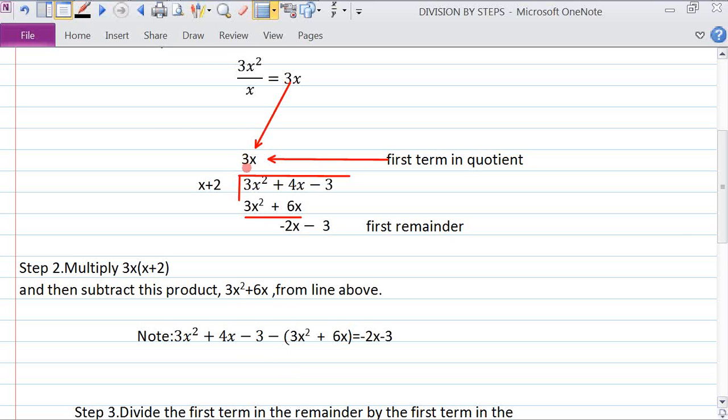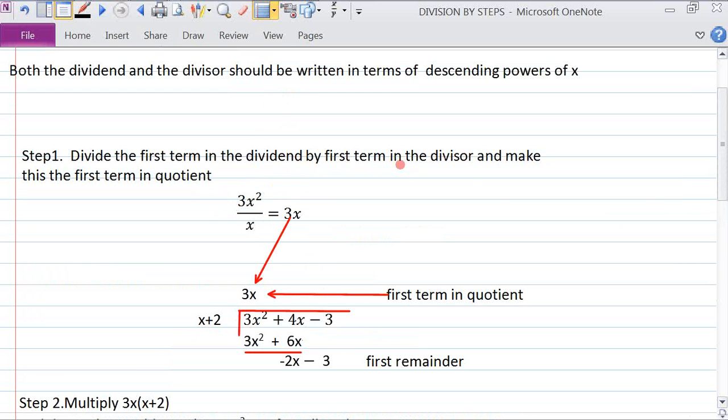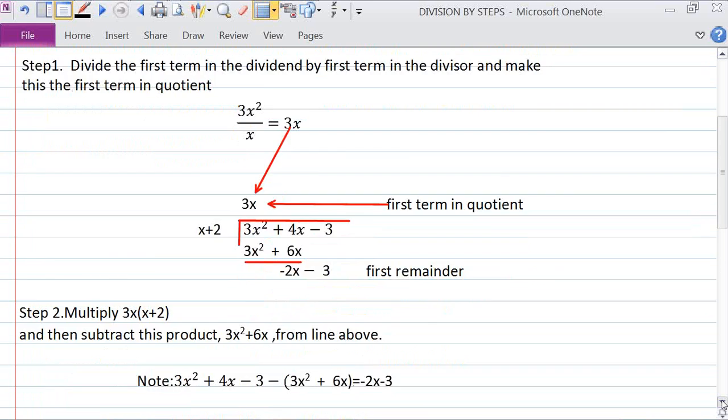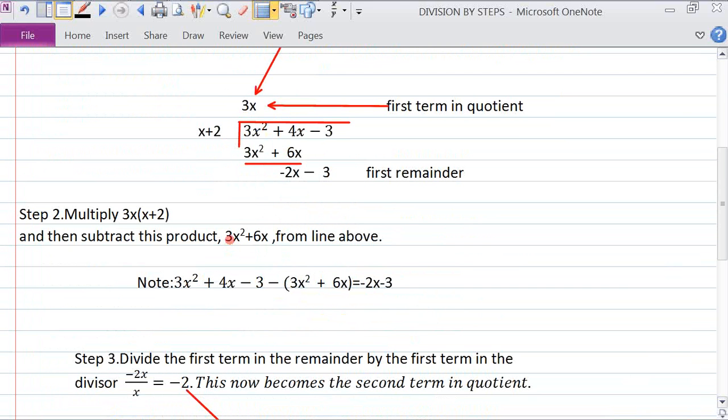So first of all, we divide the first term in the dividend by the first term in the divisor, which is this divided by this. We get 3x. And then we multiply 3x by x plus 2, and we get this product, 3x squared plus 6x, which we're going to subtract from the line above.